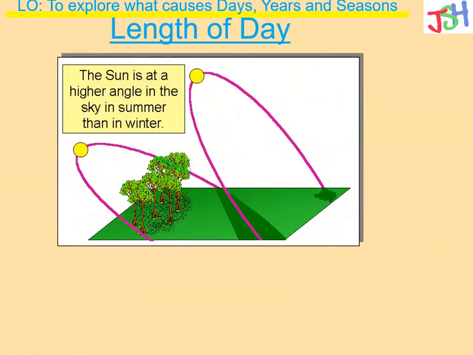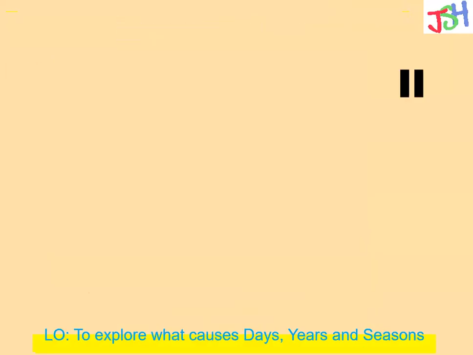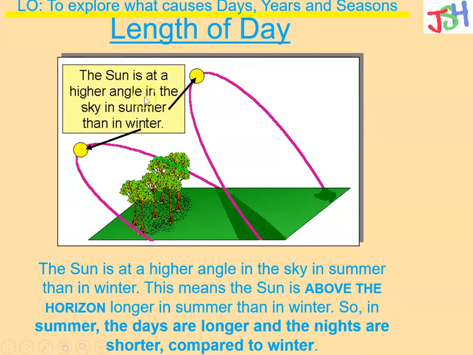And what next we need to think of is, why do we have longer days in summer and shorter days in winter? That's because the sun is at a higher angle in the sky in summer than in winter. So because of this, we have longer days in summer and shorter days in winter, because the sun is above the horizon longer in summer than in winter.